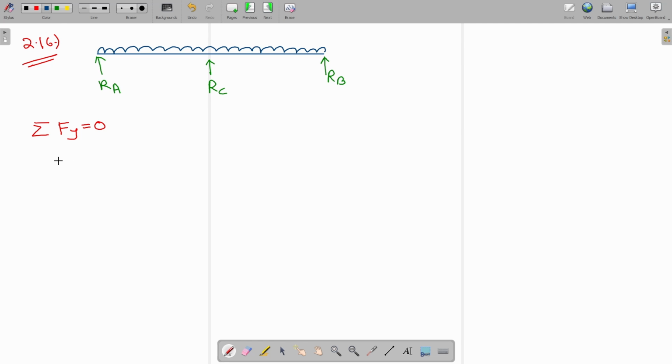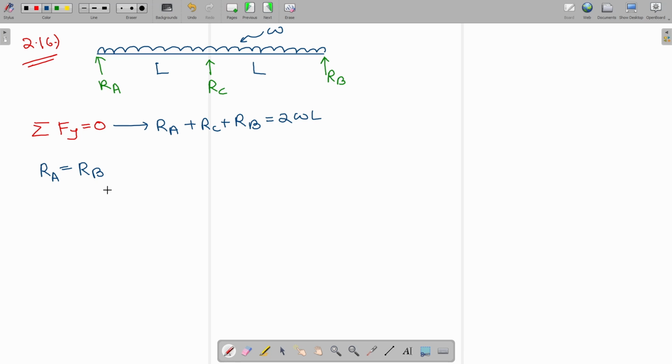So RA plus RC plus RB is equal to 2WL, since it is W per unit length and this is L, this is also L. Due to symmetry, RA is equal to RB.